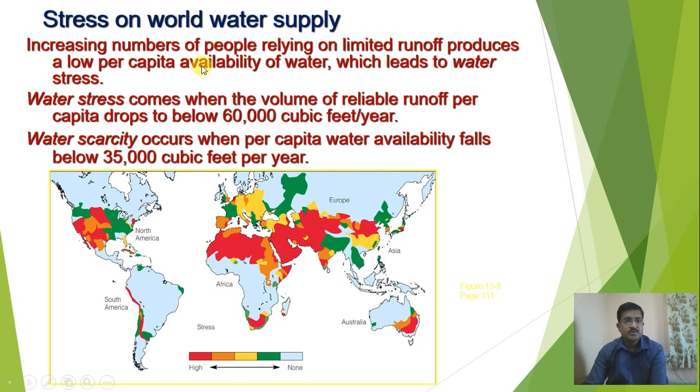Water stress comes when the volume of reliable runoff per capita drops below 60,000 cubic feet per year. Water scarcity occurs when per capita water availability falls below 35,000 cubic feet per year. So these figures are there. If you see this red color, it shows the water stressed area.